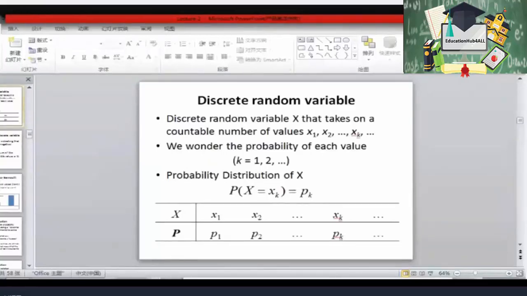It's accumulated. Basically, this one is the sum of these two. This one is the sum of the first 3. This one is the sum of the first 4. So that's what we call accumulated.